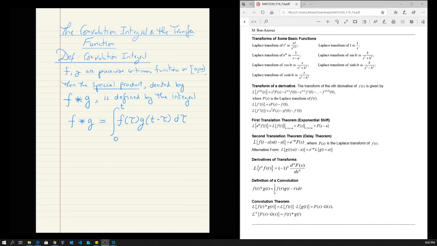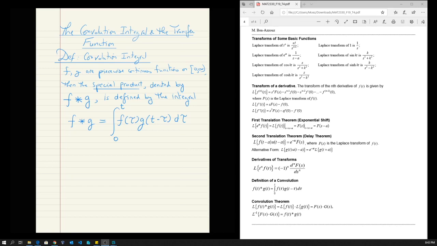I don't want you to get confused or thrown off too much by the tau. Tau is just another letter other than t. They didn't want to use t, so they used a Greek letter to be fancy. In fact, you could write the same definition and replace tau with something else.